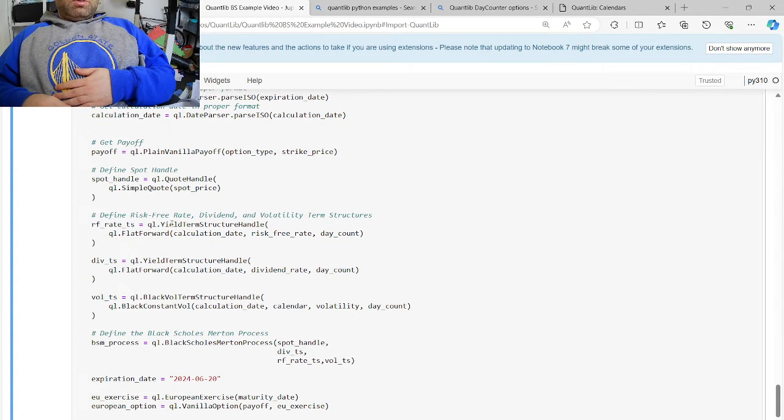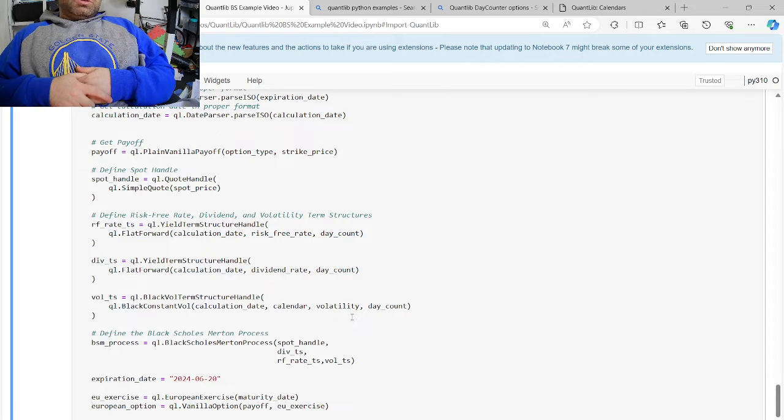The risk-free rate term structure just uses a flat forward, which means a constant rate the whole time, like in Black-Scholes. Similarly for dividend, flat forward, a constant value for the entire term structure. For the volatility term structure, we did black constant vol, meaning constant volatility for the entire term structure.